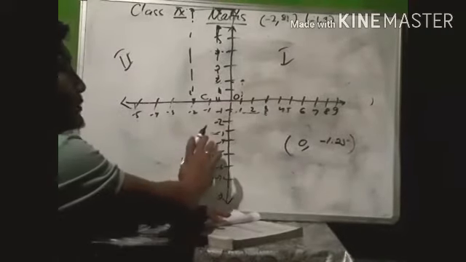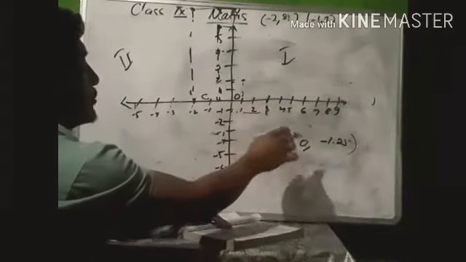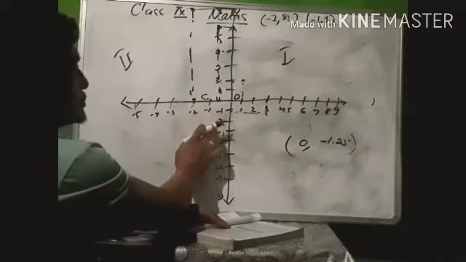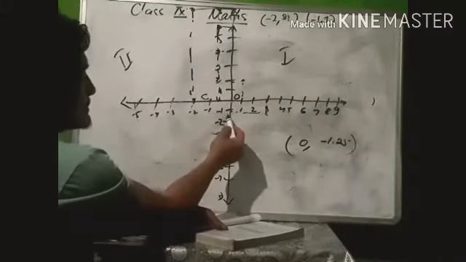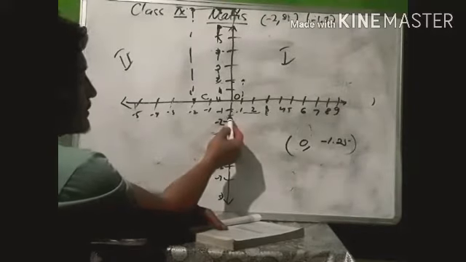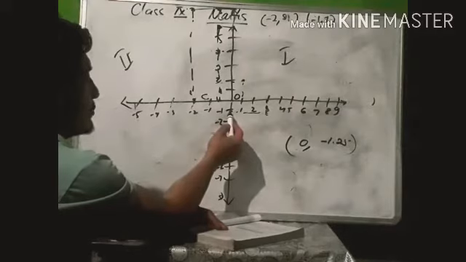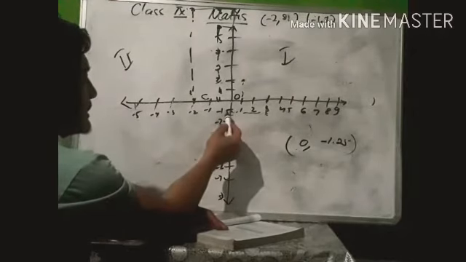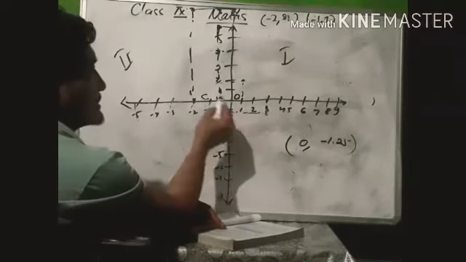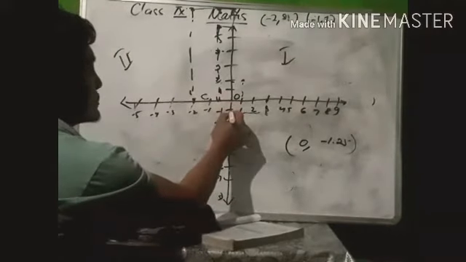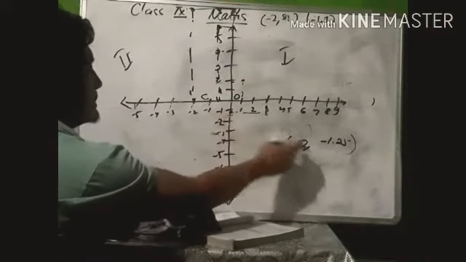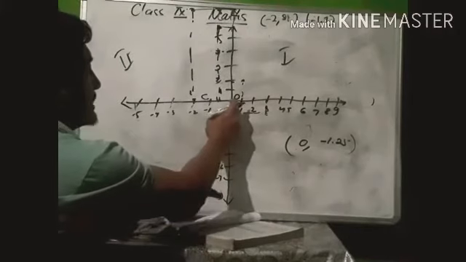So 1.25 lies in between 1 and 2. If you come in between 1 and 2, you will get 1.5. So in between 1 and 1.5, you have this point here, 1.25. You can show the point here, because x is 0.